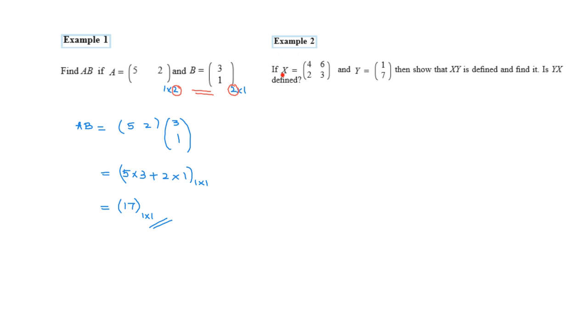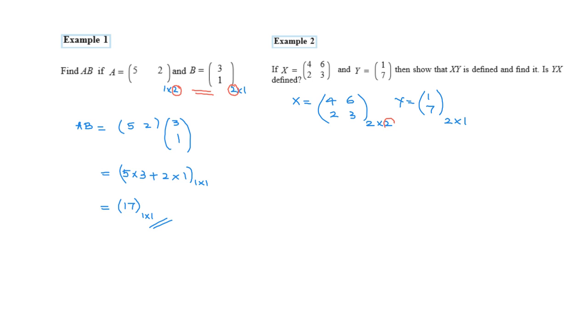Example 2. If x equal 4, 6, 2, 3 and y equal 1, 7, then show that xy is defined and find it. Is yx defined? Show that xy is defined. We have to write x, 4, 6, 2, 3 and y equal 1, 7. What is the order here? X is 2 by 2, y is 2 by 1.